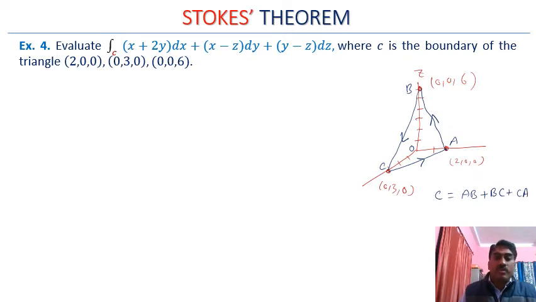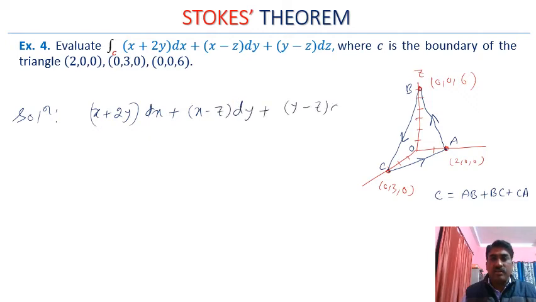Now we will evaluate the integral using Stokes theorem. So what does Stokes theorem say? First we need to find the vector from this: x plus 2y dx plus x minus z dy plus y minus z dz.